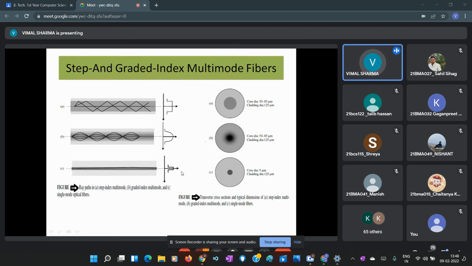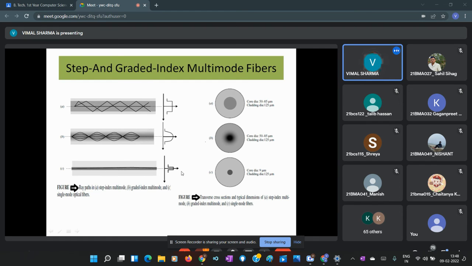So why I discuss this with you, because the next topic is where we categorize optical fiber into different types on the basis of their refractive index profile, and also on the basis of the number of modes which propagate through the optical fiber.